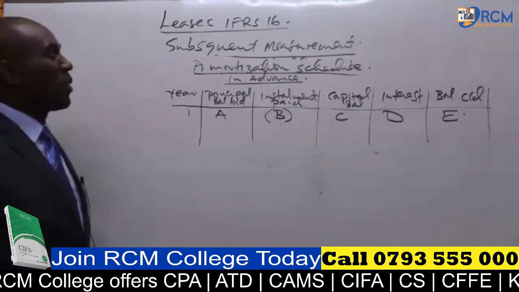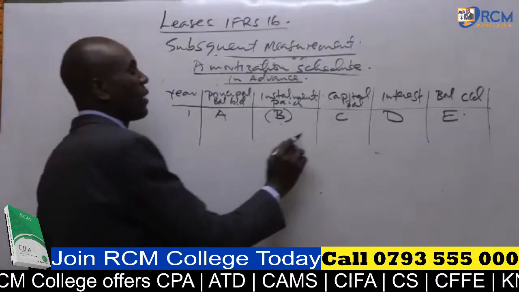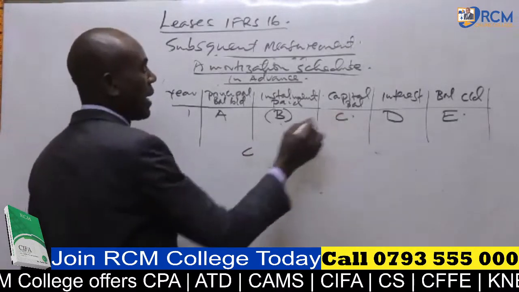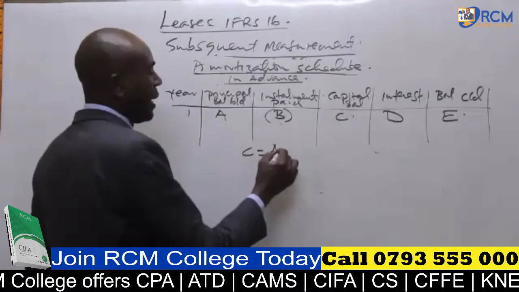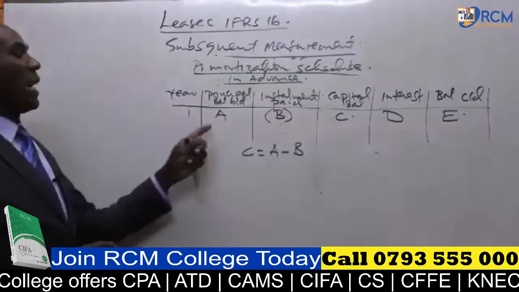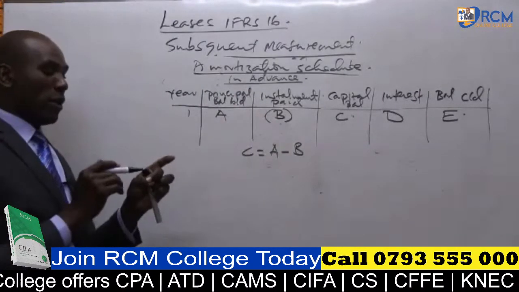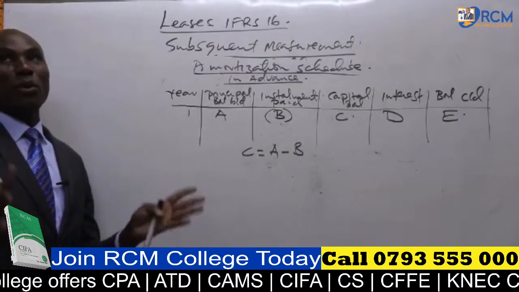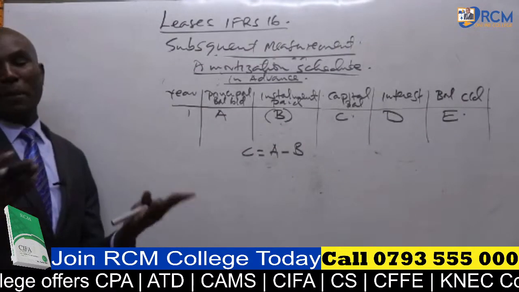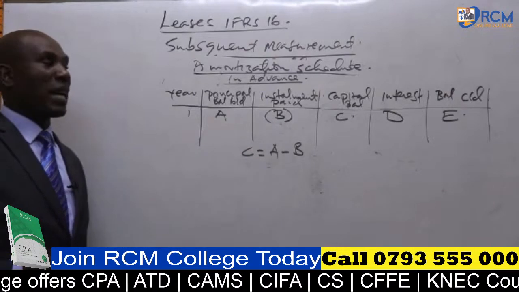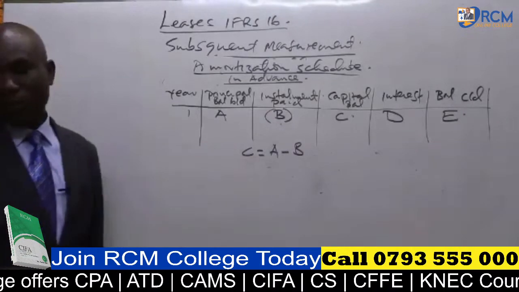Therefore, if I want to amortize, how am I going to get these values? I will say C, this capital balance, equals A minus B. A is the installment, for example, the value of the asset is 200. Then out of that, I'm paying 1 million. That is the installment, money I'm paying out as lease rentals.